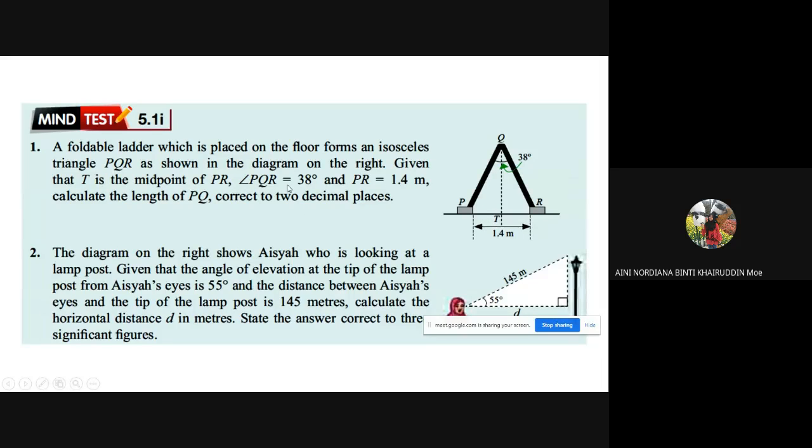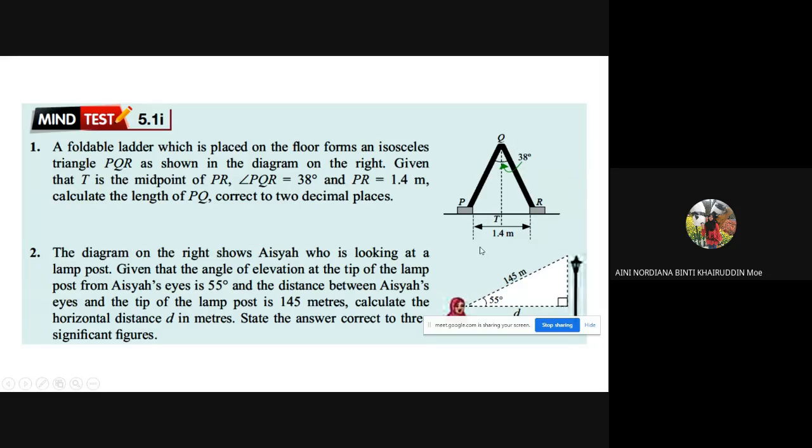Some information is already in the diagram. Okay, so this is triangle PQR. Given that T is the midpoint, it is already stated here that T is the midpoint and angle PQR is 38 degrees, and PR is 1.4.